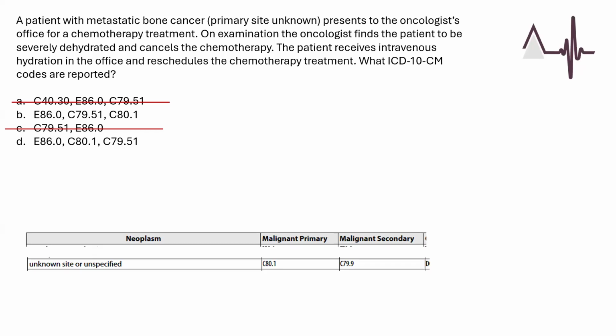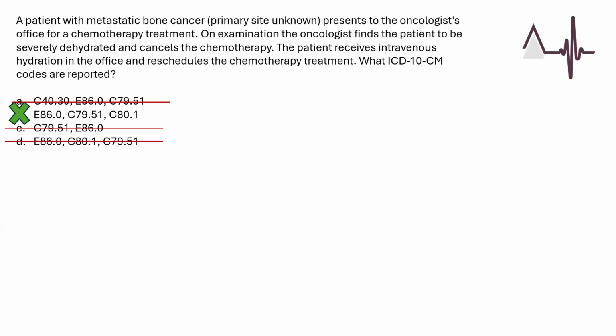In the table of neoplasms, look for unknown or unspecified site and use the code from the malignant primary column, which directs the coder to C80.1. And we will, of course, verify the code selection in the tabular list. Because the secondary site is what is being treated, we would sequence first the dehydration, followed by the metastatic site, followed by the primary unknown site.